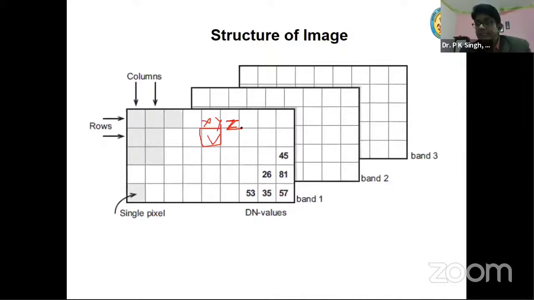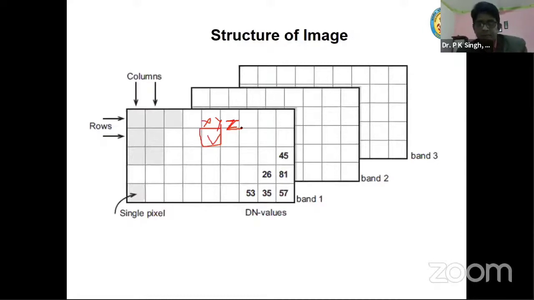It means it can write 256 times 256, which is equal to 65,000 something types of information. So that is the radiometric resolution of data. Whether it is 8-bit or 16-bit, meaning how many types of values it can write, that is radiometric resolution.